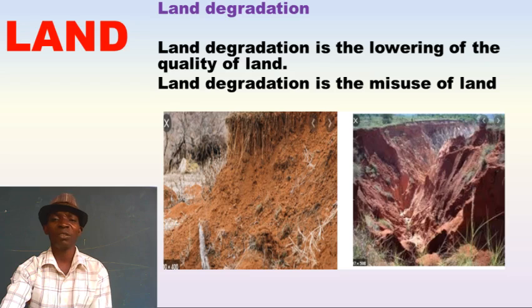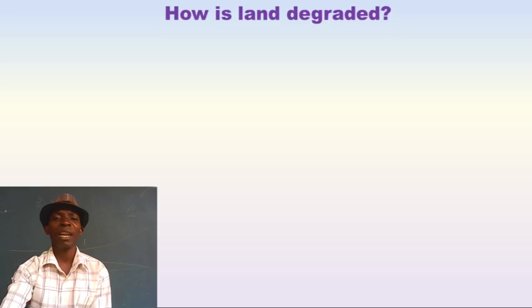How is land misused? When you look at our pictures there, you can see that soil erosion has taken too much of that soil there. You can see in picture number 2, that is misuse of land. So we are going to see how land is degraded, how land is misused.